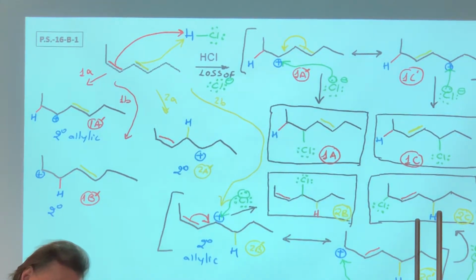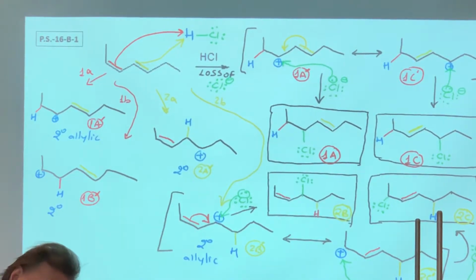Okay, very good. So we got the products. I have them in those 4 black boxes. First thing I do is ask: are any products the same? Are 1A and 1C the same? Of course, 1A and 1C are different, they have to be. And 2B and 2C are different, they have to be. But let's see if we see any similarities. No, they're all different.